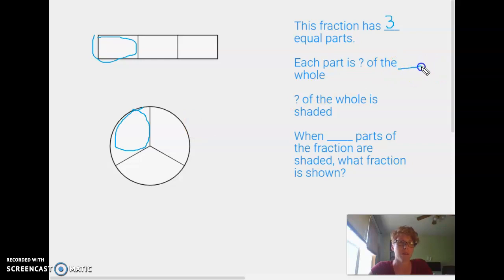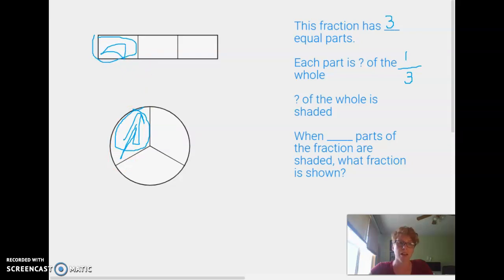Well, we know our denominator is 3, right? Well, what would our fraction look like if we're looking at just one part? Each part is 1/3. Because our denominator is 3, it's broken up into 3 equal parts, and each part, so this is 1/3 right here, correct?